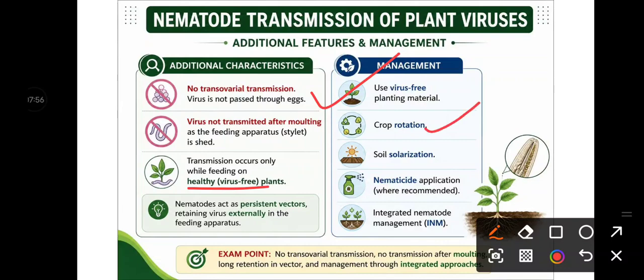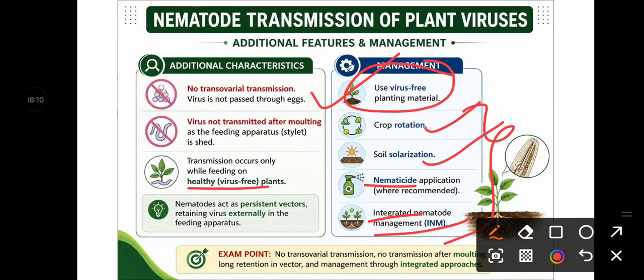So crop rotation, soil solarization, nematicide application, and INM, integrated nematode management, are the practices for nematode vector management. And use of virus-free planting material is for reduction of virus inoculum. Okay, so remember this point.